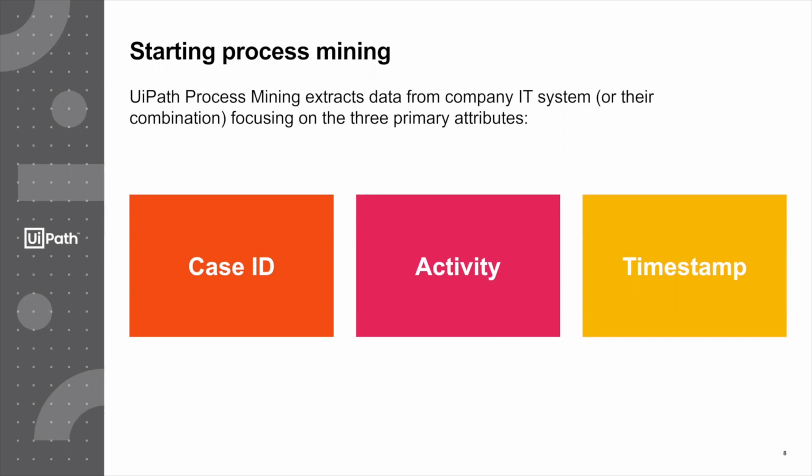We could have a look at the supplier who the invoice belongs to. We could look at the amount of the invoice, and that could help us distinguish between the different types of invoices, for instance, small invoices or large invoices, which may have different ways of being executed within the process. All these kinds of additional data will help you make better and deeper analyses of the process, but the three that we really need are these three.